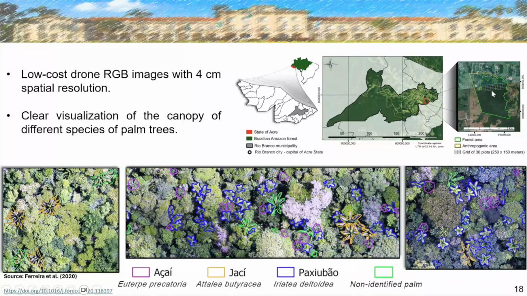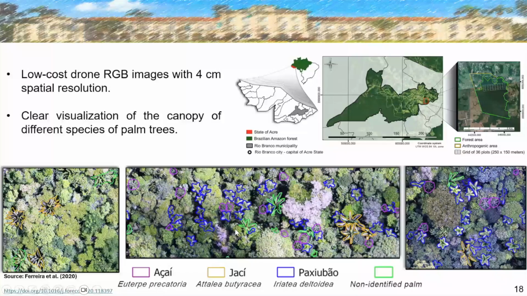We have here also a census in which we identified all the trees within this area highlighted in white. And for this work, we collected drone images with a very high spatial resolution, like 4 centimeters, and we manually delineated all palm trees that we see in the image.